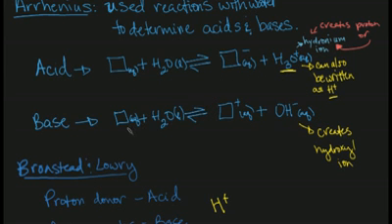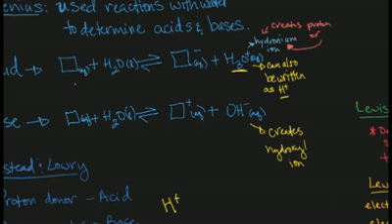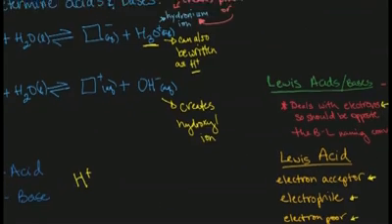All right. This accepts a proton to get this. So it fits a classical Bronsted-Lowry definition. Same thing with Lewis acids and bases. We're going to have the accepting of electrons to form the bond here, as well as the donation of the bonds up there. Okay.